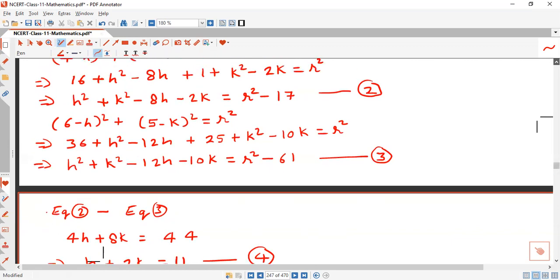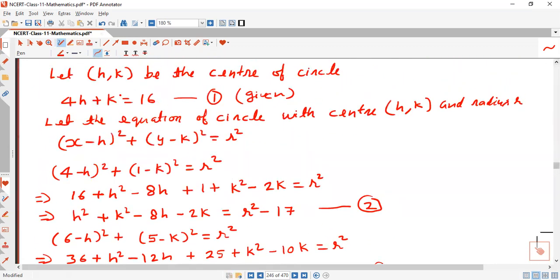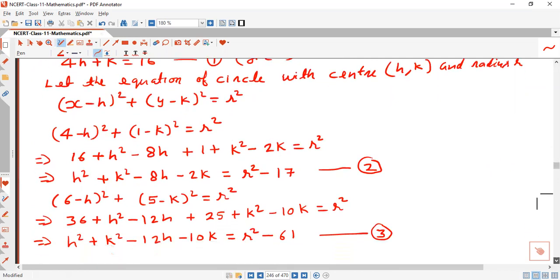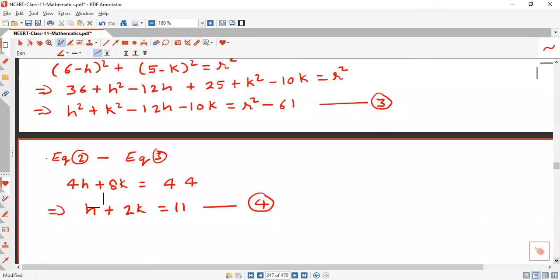Equation number 1 is 4h plus k equal to 16, and equation 4, multiplied by 4, gives 4h plus 8k equal to 44.